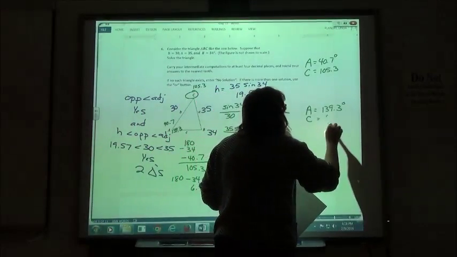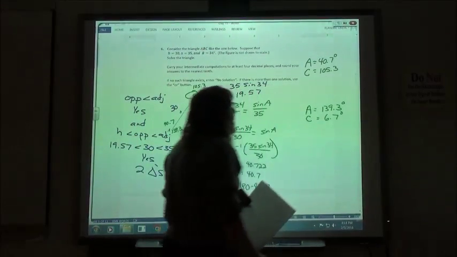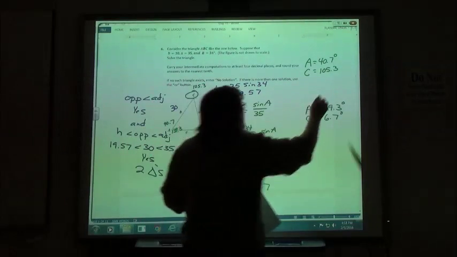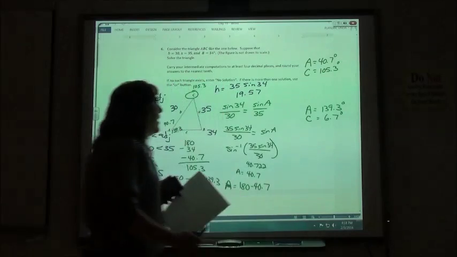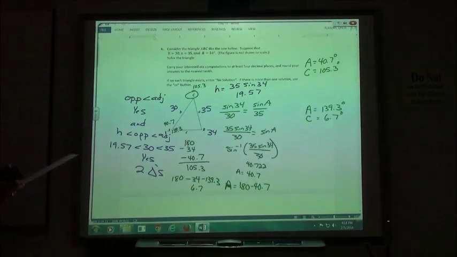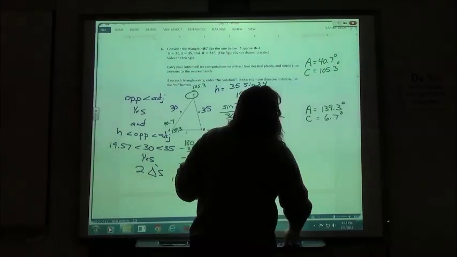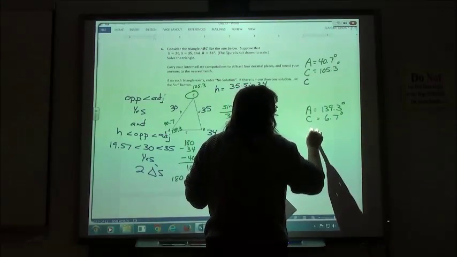So if angle A is my obtuse angle, then angle C will be my acute angle. And so either angle A is 40.7 degrees, which leaves angle C being 105.3 degrees, or angle A is 139.3 and angle C is 6.7 degrees. Now, we found angle A and angle C. We still have to find side C.